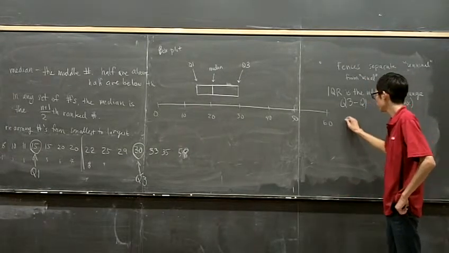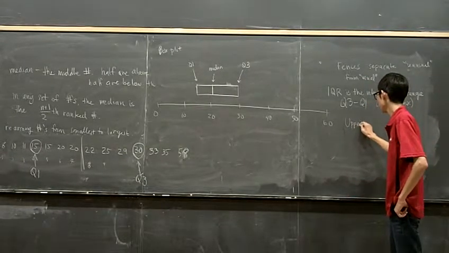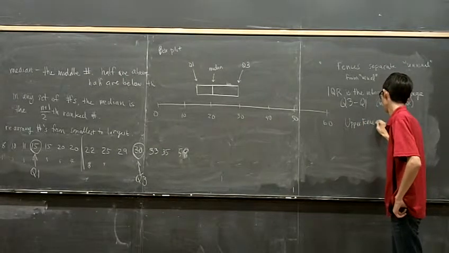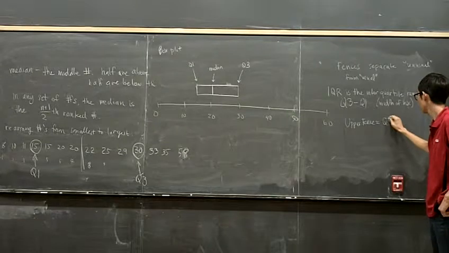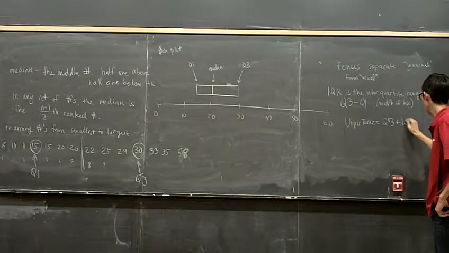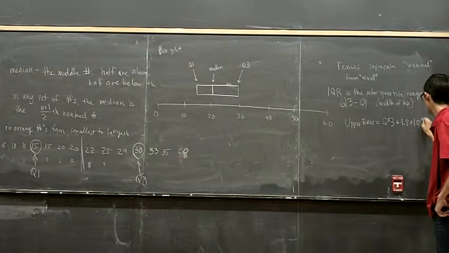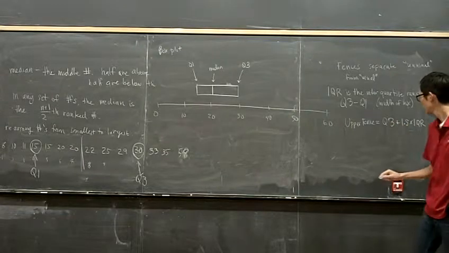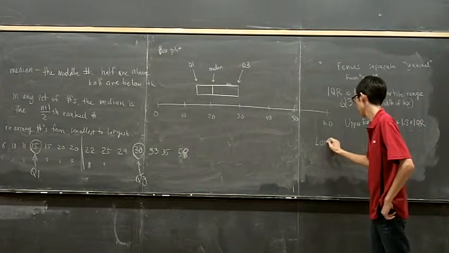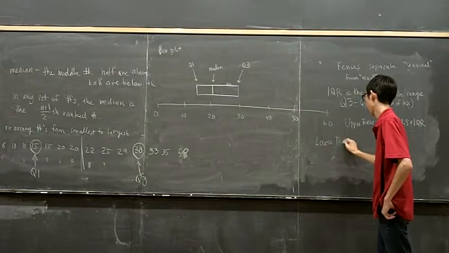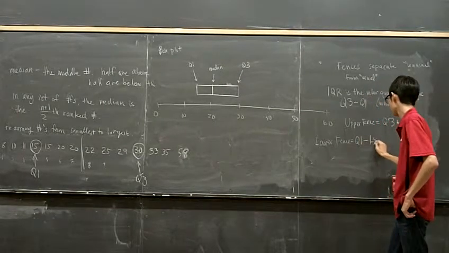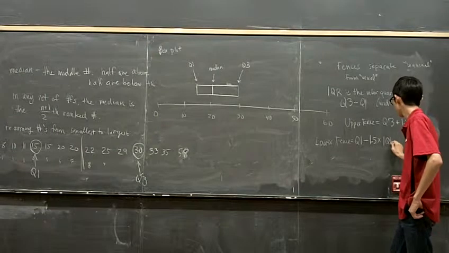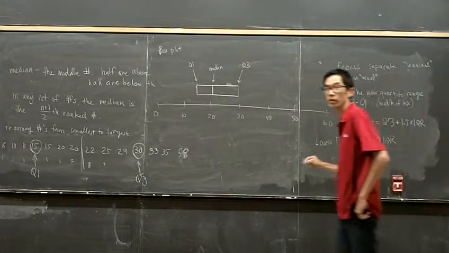So you have the upper fence at Q3 plus 1.5 times the IQR, and the lower fence is Q1 minus 1.5 times the IQR.